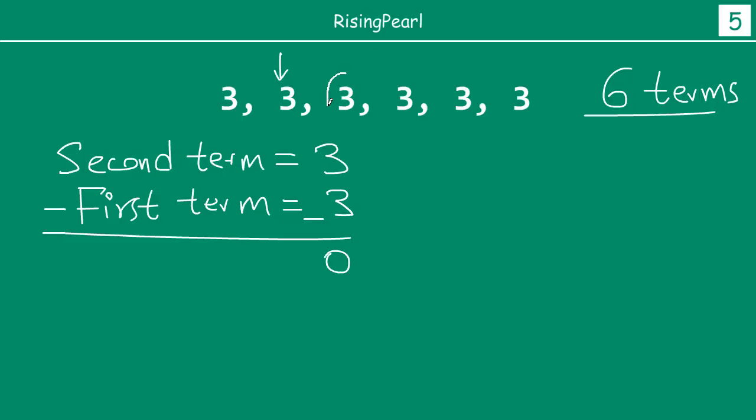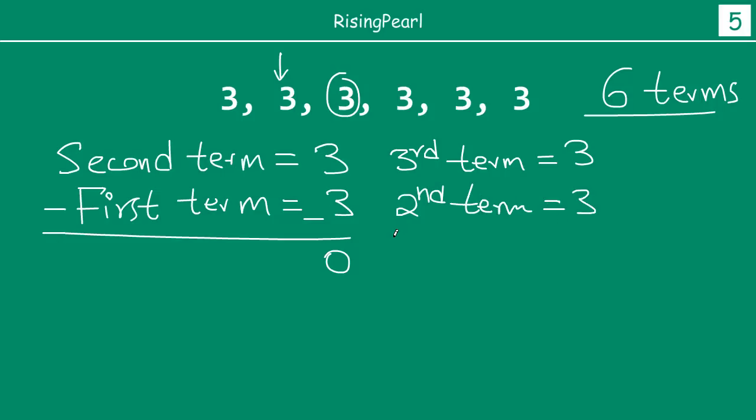Now if we take a look at our third term, which is 3, and subtract the second term, which is again 3, 3 minus 3 is again 0. So what we are noticing is that if you take any of these terms and subtract the previous term from it, you will get 0.